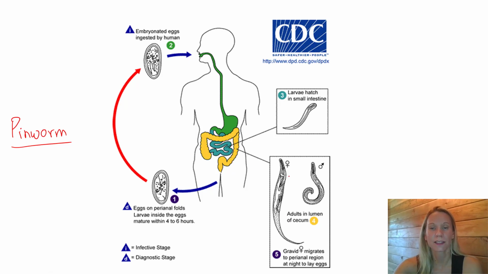And what happens is the female, she will lay her eggs in the perianal region, so right in the rectum area. She'll lay her eggs usually at night, or early in the morning, like 3, 4 a.m. And so the child will, of course, itch the rectal area, and a lot of times those eggs will get underneath the child's fingernails.